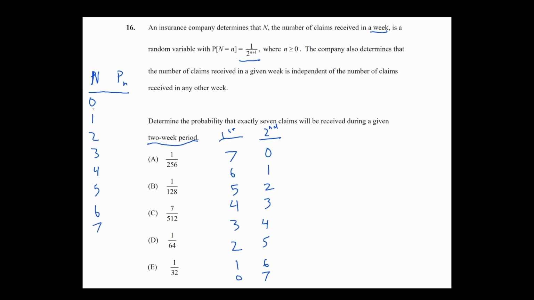So what's the probability of having 0 claims in 1 week? Well, going to the formula that we were given here, it is 1 divided by 2 to the power of n plus 1, and n in this case is going to be 0. So that means it's going to be 1 over 2. We do the same thing for n equals 1, which is 1 divided by 2 to the power of 1 plus 1, which is 2.